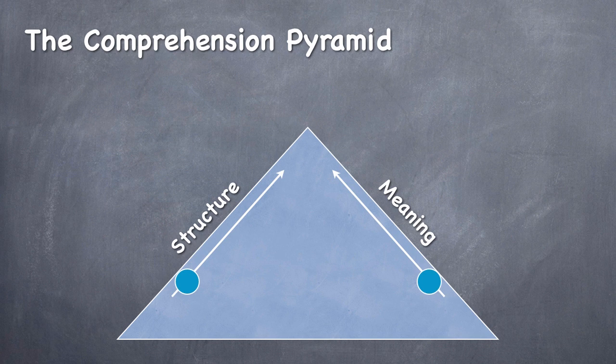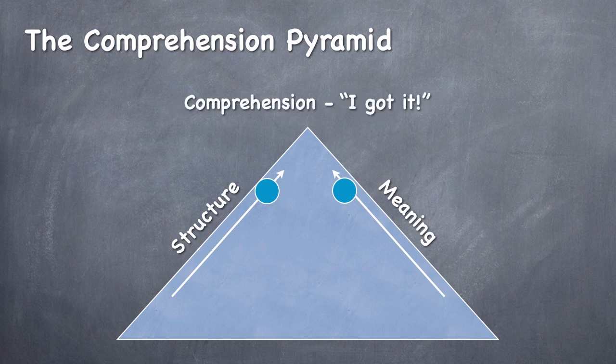And the way it works is, the better you see the structure, the better you understand the meaning, until in the end they converge and you say, I got it, and you have full comprehension. And that's how it works. Therefore, in order to understand the meaning, we need to look for the structure. So structure comes first. If we see the structure, we will comprehend the meaning.